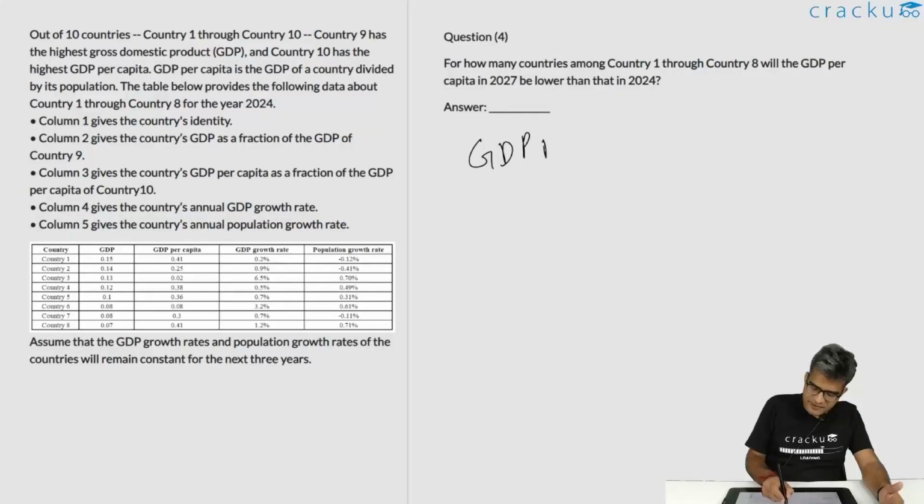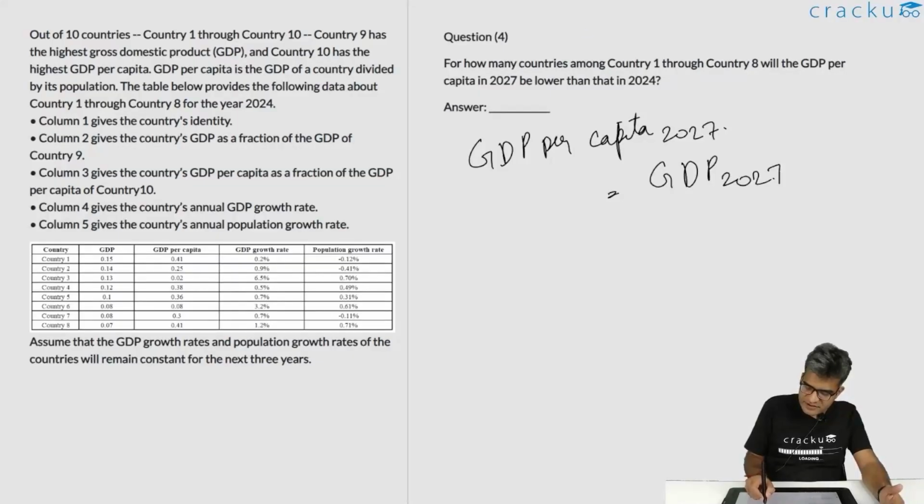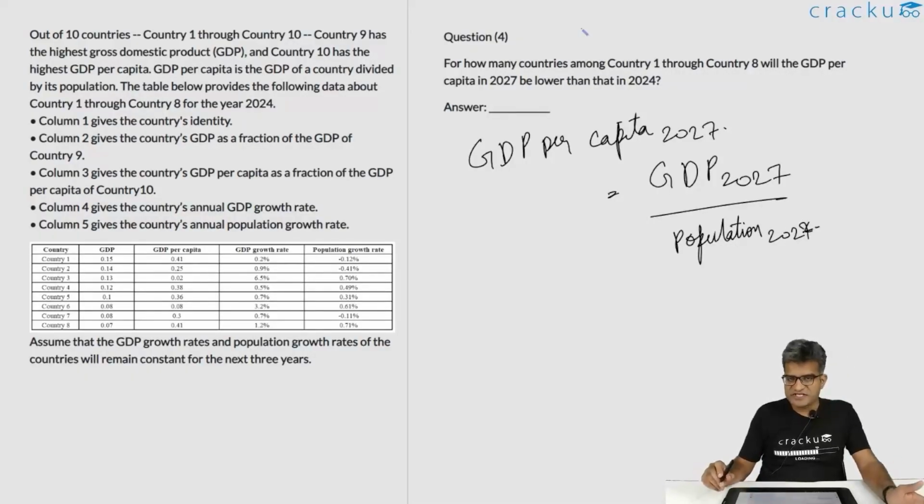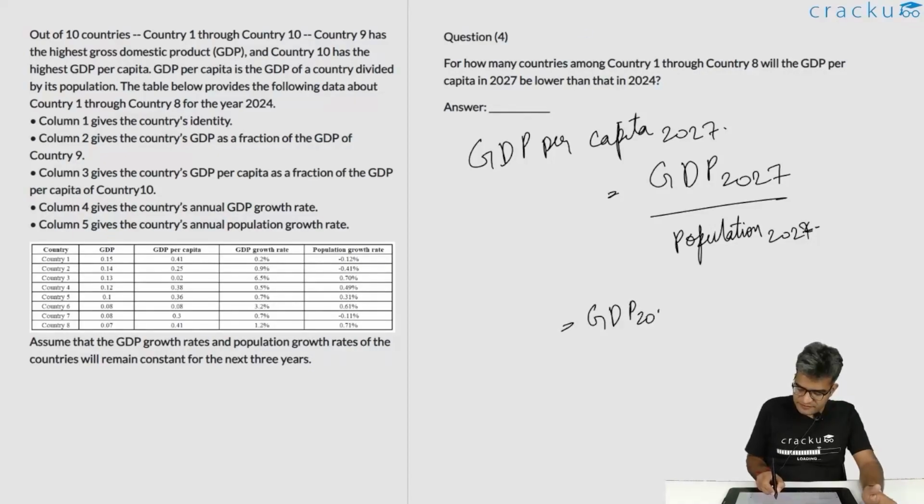GDP per capita in 2027 is basically GDP in 2027 divided by population in 2027. What is GDP in 2027? This is basically GDP in 2024 into the GDP growth rate over 3 years.